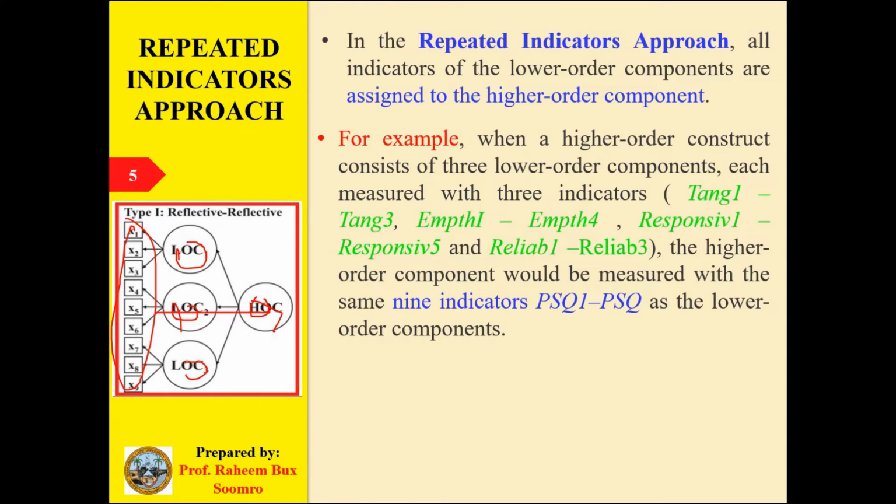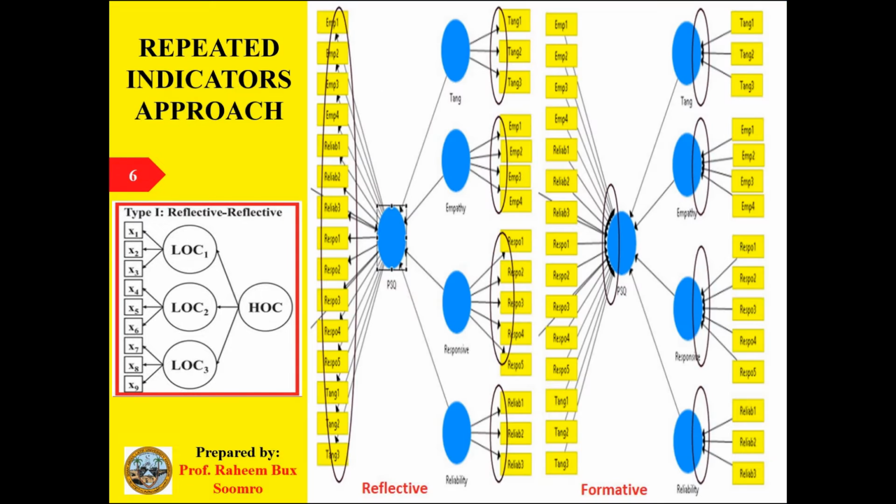This is the concept. And then in our example, tangibility has items 1 to 3, empathy items 1 to 4, responsiveness items 1 to 5, reliability items 1 to 3. So now we are assigning all these items to the higher order construct. You are looking here, this is our reflective, this one is our formative.